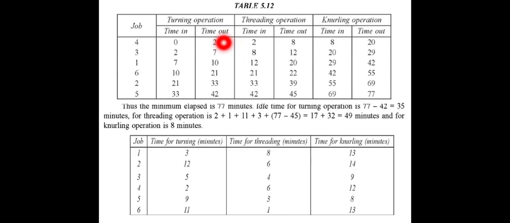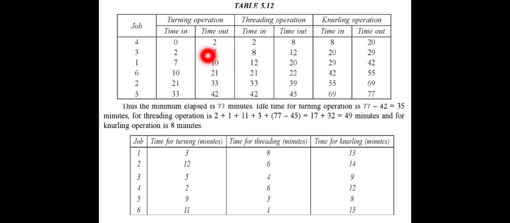So here 2, time out will come here as time in for the next job. Here time out will come as a time in for the next job. Here time out will come to the time in for the next job. So here what we need to do, we need to compare time out and time out here.